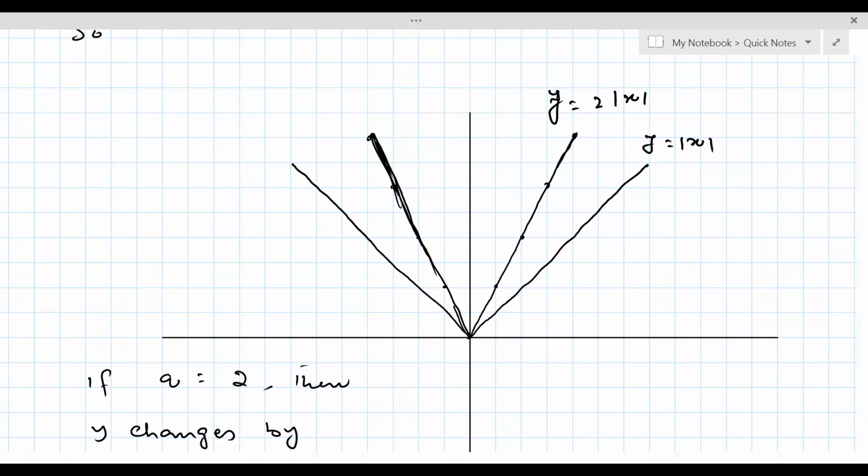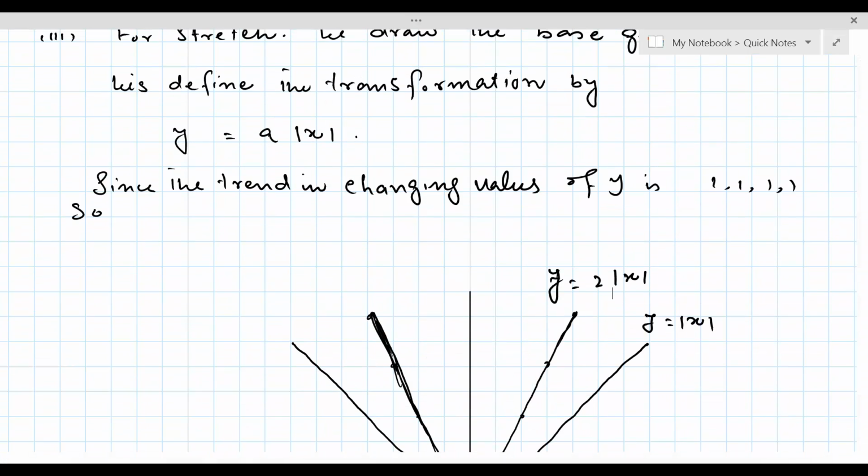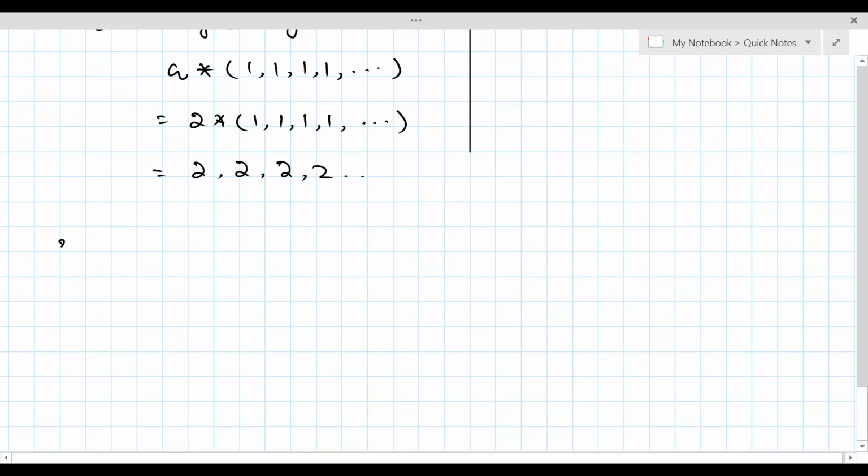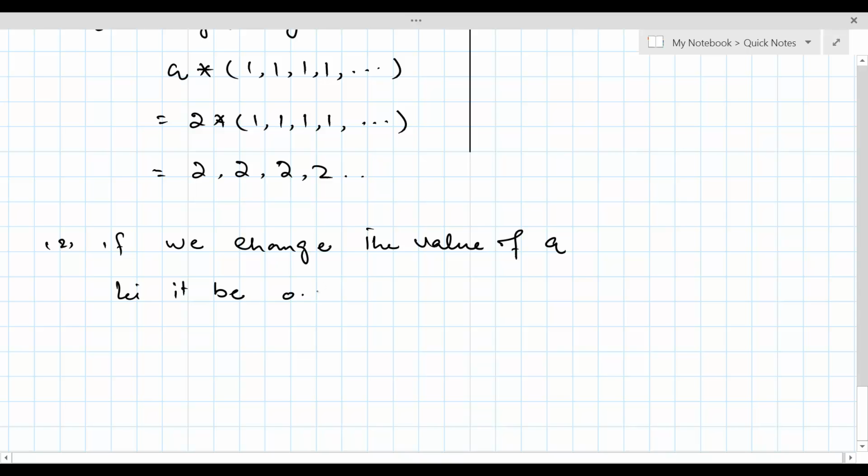Now if we change the value of a, let it be 0.5, means a is equal to 0.5.